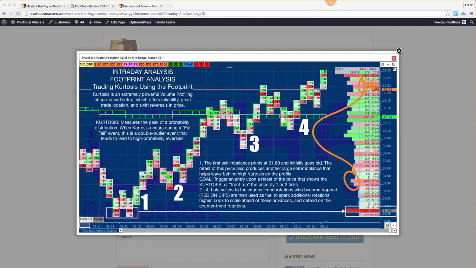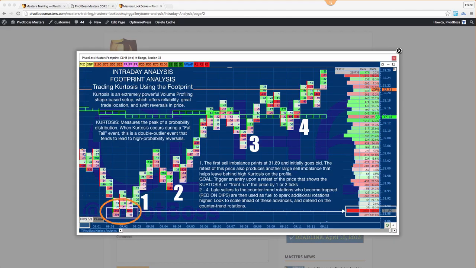But when we get out to these areas and then we see kurtosis, now you're getting a 4.5% event along with a kurtosis event, which has perhaps smaller percentages. And now you're having, like I said before, a double outlier event. And that's where this thing really gets powerful.